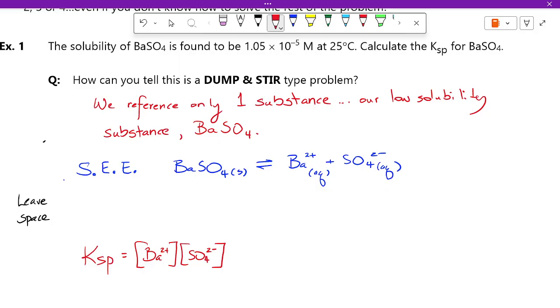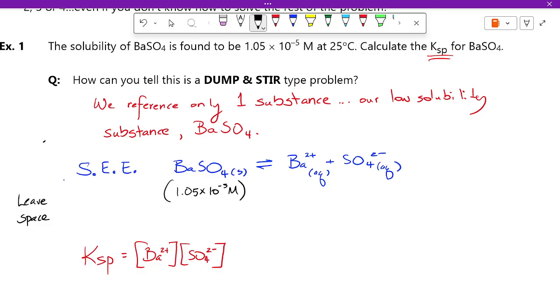So what do I need in order to calculate the KSP? I need the ion concentrations, and one way of showing the ion concentrations is to say, what is the concentration of barium sulfate? 1.05 times 10 to the negative 5 molar.